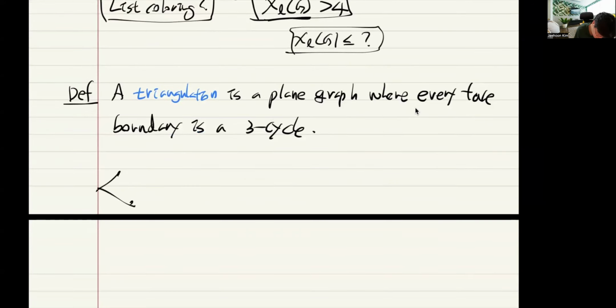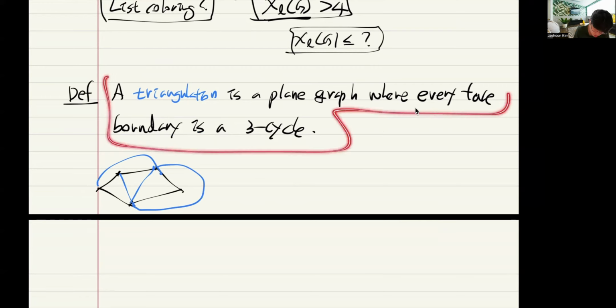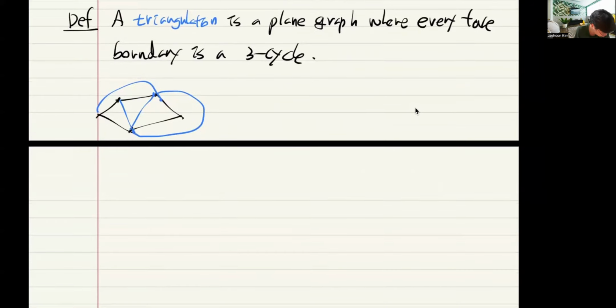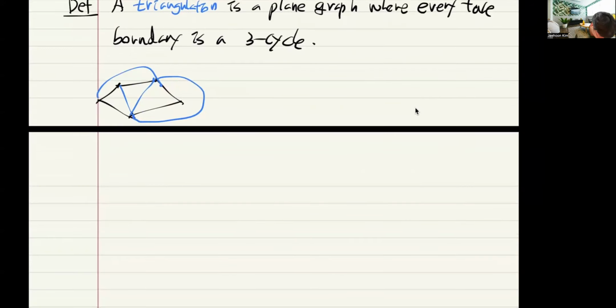When you have any graph, you can add edges until this is satisfied. Then every face boundary is a 3-cycle. So in some way, this is a maximal planar graph. You add an edge while it's still planar.